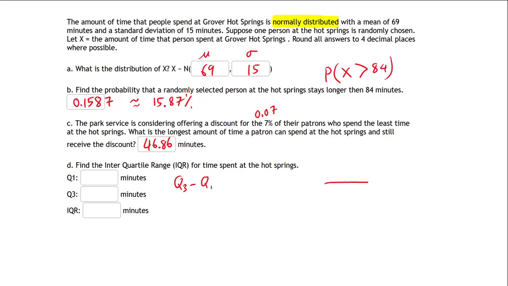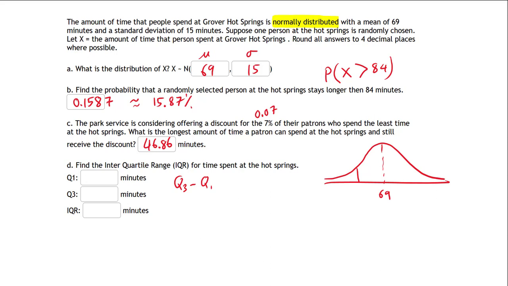Alright, so again, this is the normal distribution. We have a normal curve. We have the value in the middle, 69, because of the mean. And Q1, what is Q1? Q1 is the first quartile, or the first 25% of all the data values. So this is all the way from here up to the 25%, 1/4 of the data values.